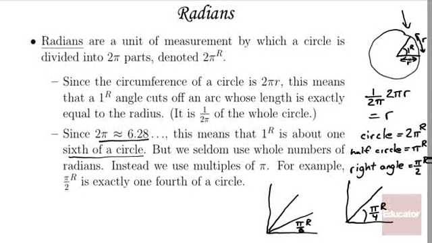People almost always talk about radians in multiples of pi, the same way I was doing here, where I said the circle is 2 pi radians, the half circle is pi radians, the right angle is pi over 2. So people almost always talk about radians in multiples of pi and degrees in terms of whole numbers. Sometimes they don't even bother to write the little r. It's just understood that if you're using a multiple of pi, then you're probably talking about radians.